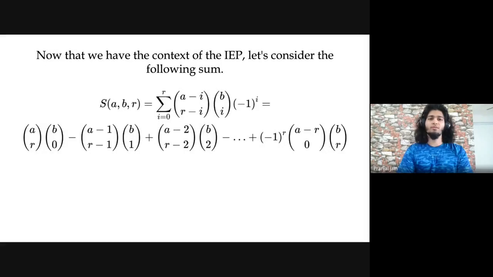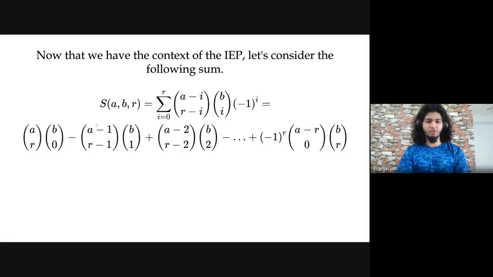So now let's get to the second part of the talk. The second part basically deals with this sum S of a, b, r, which is defined this way. If you are comfortable with summation notation, you can look at this, and if you are comfortable with the dot dot dot notation, then this is for you. At every step, you first start off with a choose r and b choose 0.